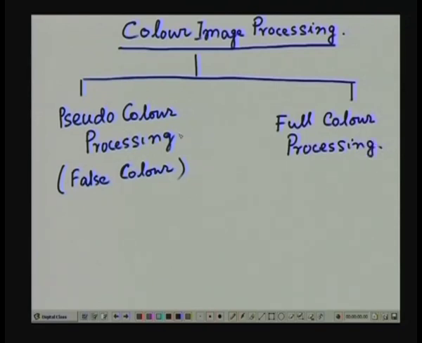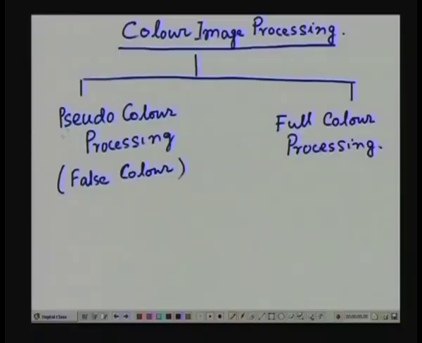In pseudo color processing, as the name implies, these colors are not the real colors of the image, but we try to assign different colors to different intensity values. Pseudo color processing assigns colors to different ranges of gray values based on certain criteria.